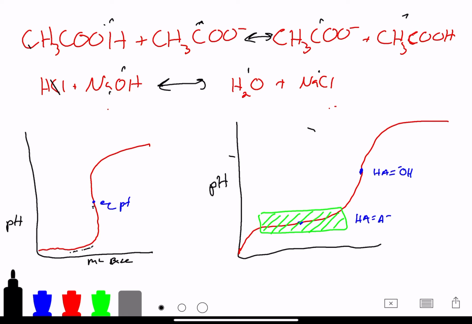So, for instance, this graph I drew is for acetic acid, which is the top chemical equation written on the board here, and its buffering region is between about 3.5 and 5. So that's the pH region where it would prevent a change in pH.